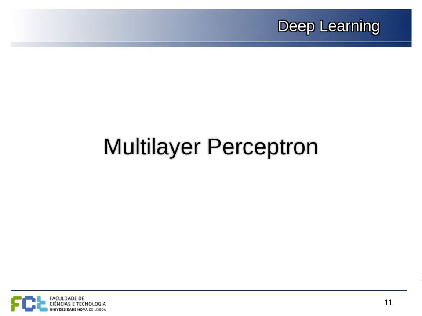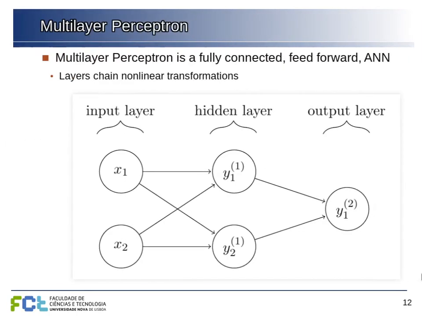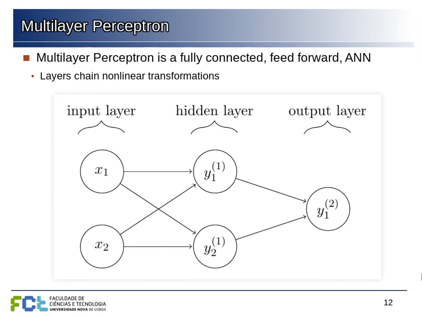So what we need to work with this kind of data is to use a multi-layer perceptron. A multi-layer perceptron is just a feed-forward, fully connected network, where each layer is fully connected to the previous one, and the activations only go in one direction, forward. There are no loops in these networks.